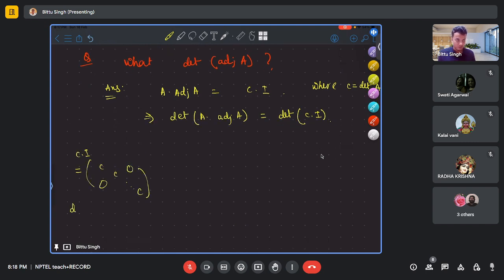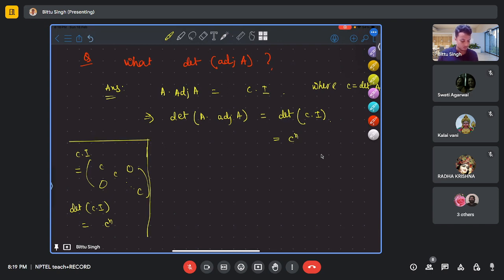So clearly determinant of C times I is C to the power n, because we know that the determinant of an upper triangular matrix is the product of the diagonal elements. The diagonal elements are C, C everywhere. That is why determinant of CI is C to the power n.